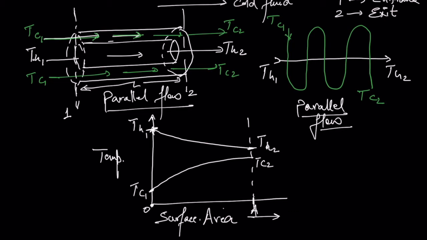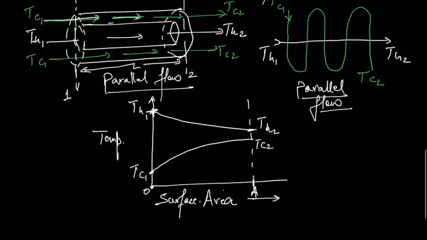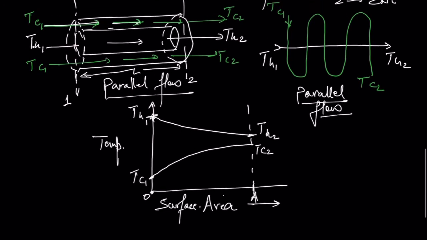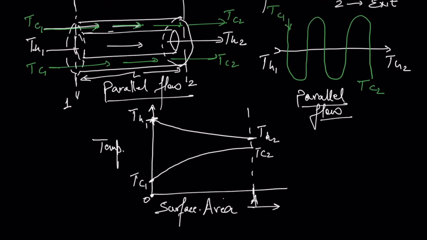Usually we denote small t with time, so we'll denote temperature with capital T. So this is how these figures will look for the parallel flow.